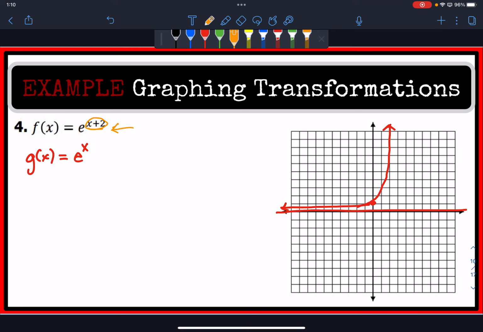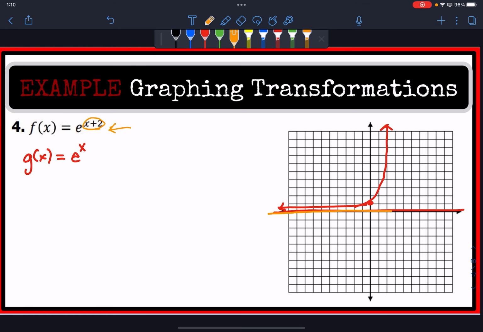So let's do that. Now, the horizontal asymptote being horizontal, shifting it to the left does not move it, okay? So a horizontal shift on a horizontal line looks the same. However, this point here is going to in fact move. So instead of crossing the y-axis at (0, 1), it's going to cross somewhere else, and this point is now going to be at this location there.